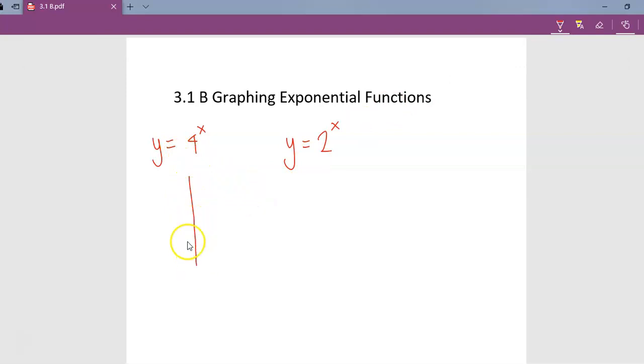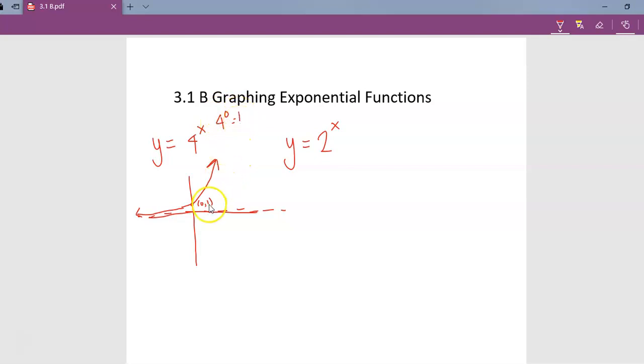So as we looked at these yesterday, the parent functions always have what's called a horizontal asymptote at y equals 0. It kind of hugs along that line. All of them, when they're a parent function, they go through this point, 0, 1. Think about that. If I plug 0 in for x, I'm going to get 4 to the 0 power.